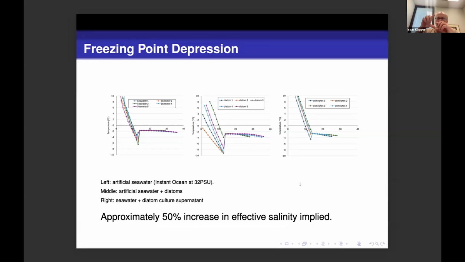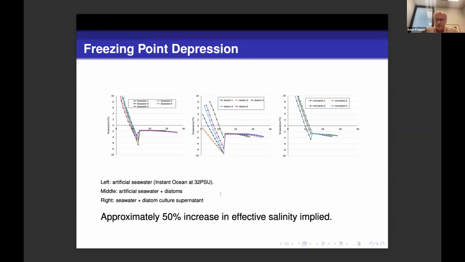So you have this tube, and all the heavy stuff gets to the bottom because of the centrifuge, and they pull off the fluid on top, what's called the supernatant, and used that. And we got approximately the same, so actually the same depression. So a lot of this is explained not by the organisms themselves or any of the heavy stuff that's in there, but apparently by what's in the supernatant.